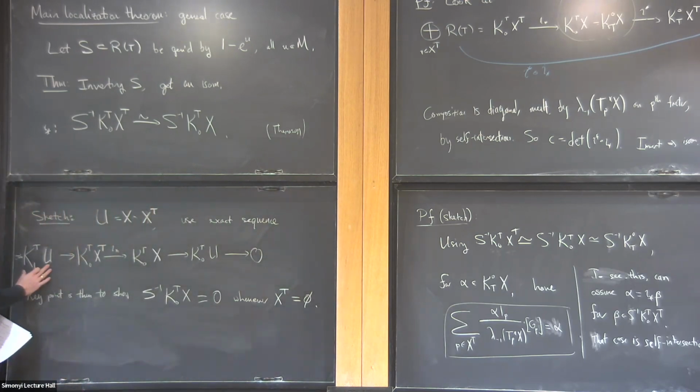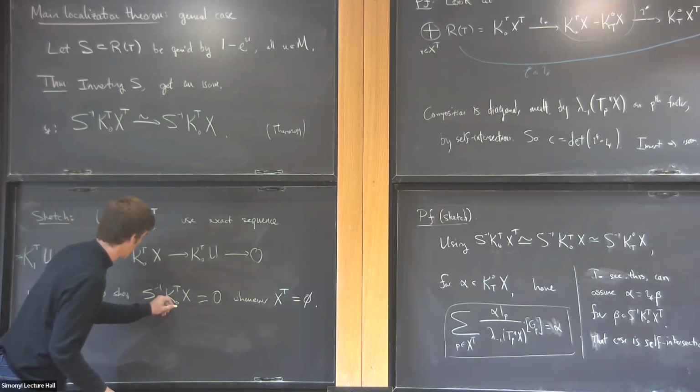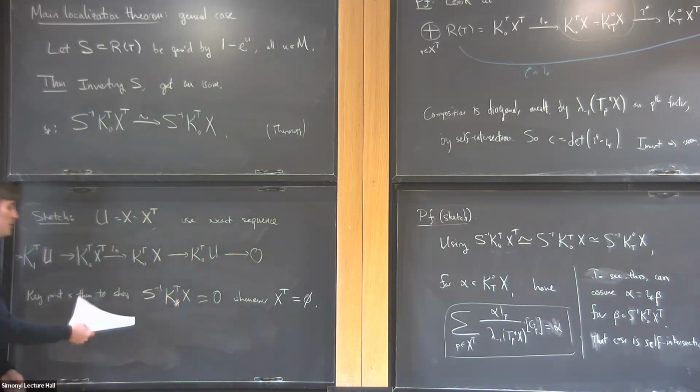So U is an instance of something that has no fixed points, so then you get 0. And I guess I need to do this for K0 and K1 at least. And it turns out to be true for all higher K-theory. Okay, so one can do this, and that's all I'm going to say about it.